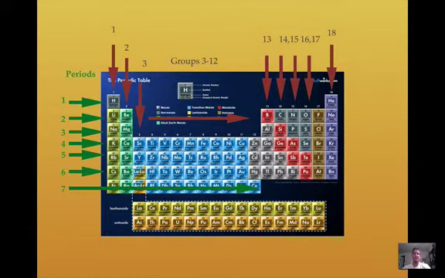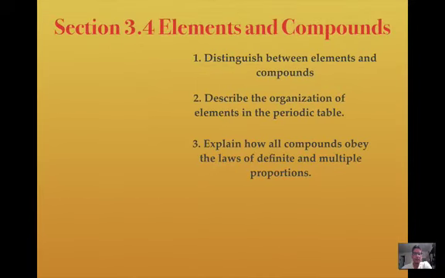So I have 18 family groups that are vertical, and then I have 7 horizontal periods. Okay, the lanthanoids and actinoids that you see there at the bottom, we'll discuss those in greater detail as well in a later lecture.